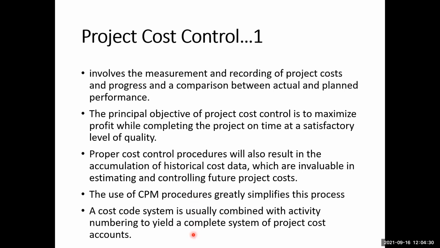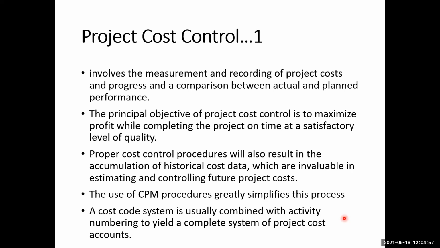A cost code system is usually combined with activity numbering to yield a complete system of project cost accounts. One way of connecting the schedule and the cost is to use activity numbering, and then combine those activity numbers with the cost accounts.